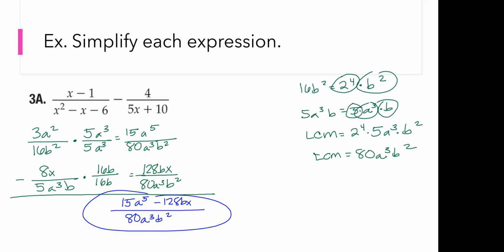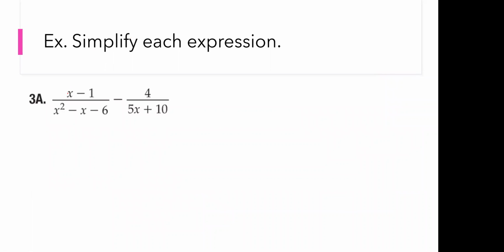So next problem here, now we're going to factor the denominators. So we have x minus 1 over x squared minus x minus 6, minus 4 over 5x plus 10. First I'm going to rewrite this.